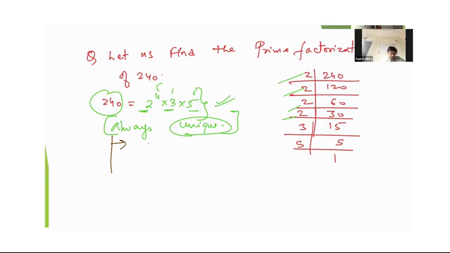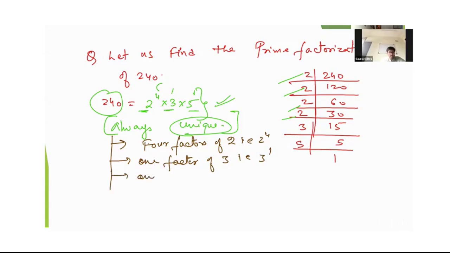There are 4 factors of 2, that is 2 to the power 4, 1 factor of 3, that is 3 to the power 1, and 1 factor of 5, that is 5 to the power 1.